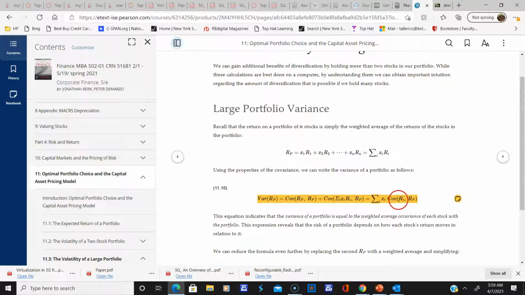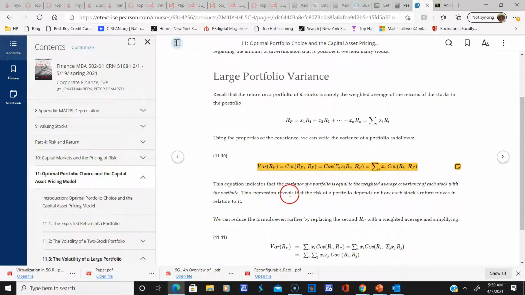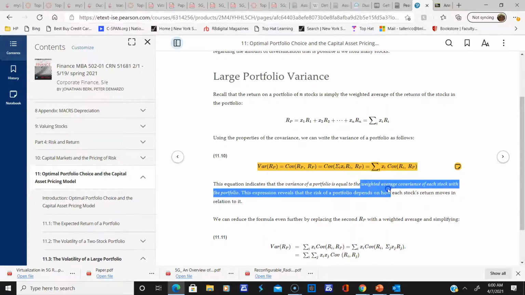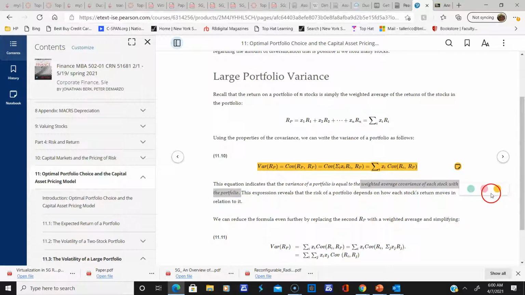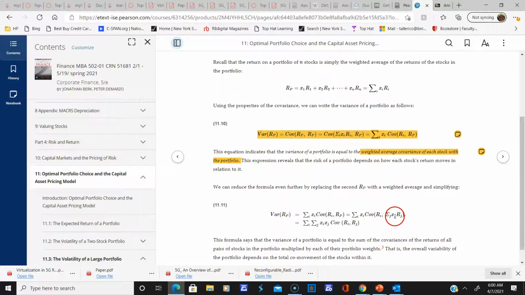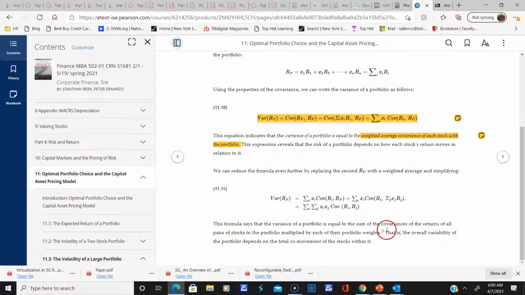The weights times each covariance of each stock within the portfolio. So this equation indicates that the variance of a portfolio is equal to the weighted average covariance of each stock with the portfolio. And see, this is what's determining whether or not there's a correlation. This expression reveals that the risk of a portfolio depends on how each stock's return moves in relation to it.